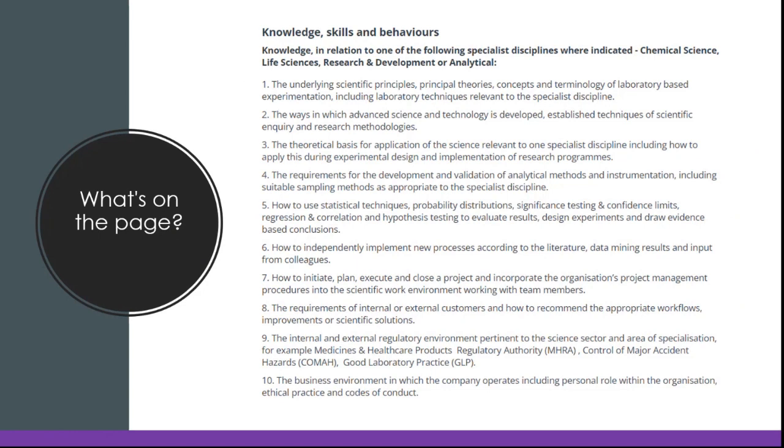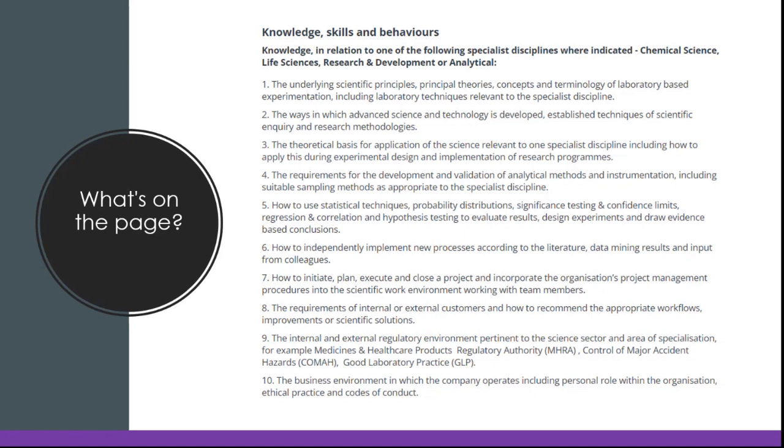So example here, the knowledge, skills and behaviours. You might see slight differences in the layout, but effectively they're the same. So we've just got a list here of knowledge, that the skills and the behaviours are lower down. So this picture is just about the knowledge elements of it. And these are the things you would need to be developed. These are the things that you would need to operate at level 6 in order to complete the program.